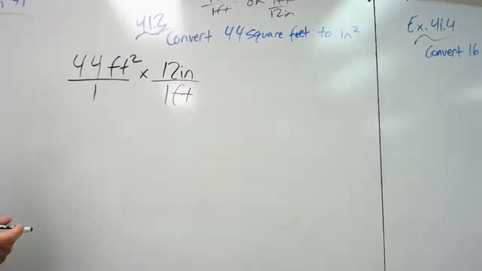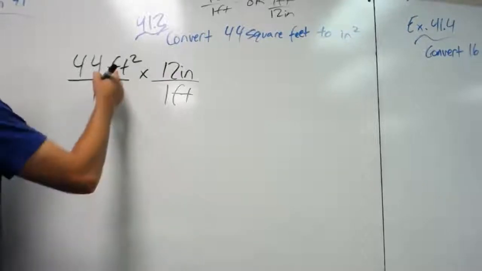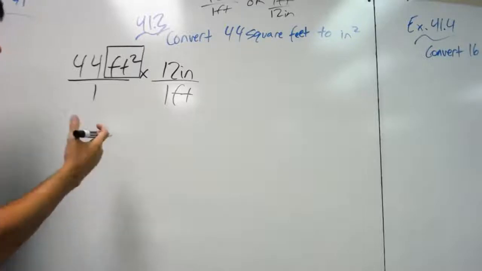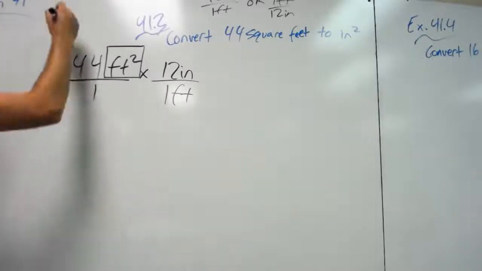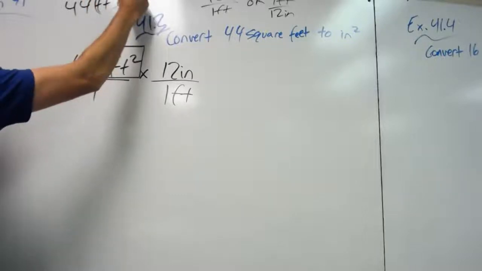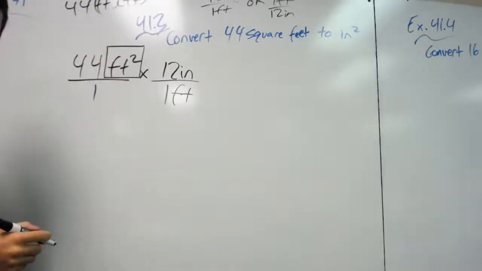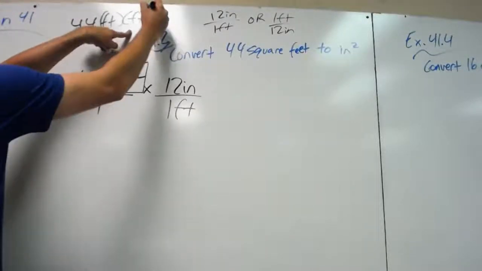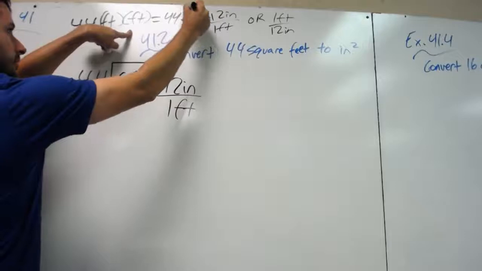That's what we did on the last one. The difference in this one is we are talking about feet squared. So what that is the same as saying is 44 feet times feet. That's the same thing. 44 feet times feet is 44 feet squared.